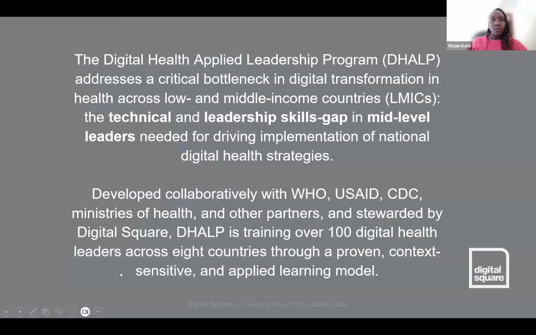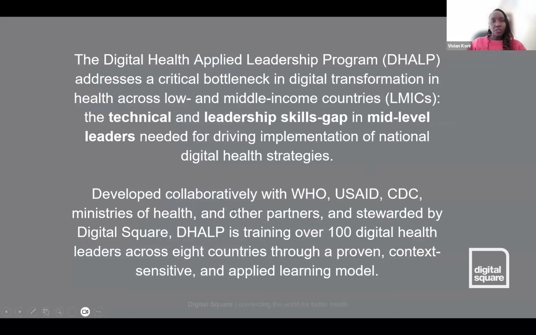conceptualized. So really, this program addresses the critical bottleneck in digital health transformation in LMICs, looking at the technical and leadership skills gaps for mid-level leaders. And those skills are needed to drive implementation of national digital health strategies.